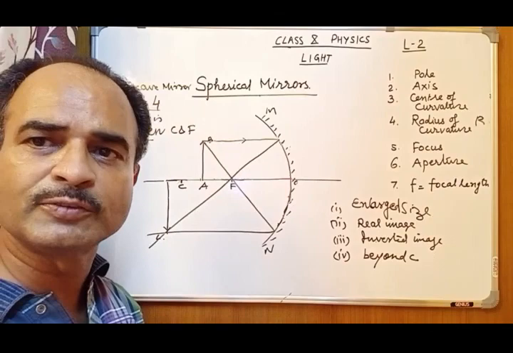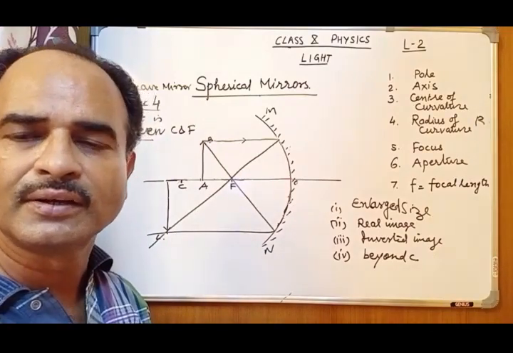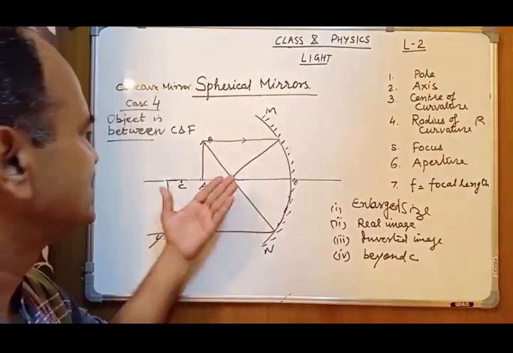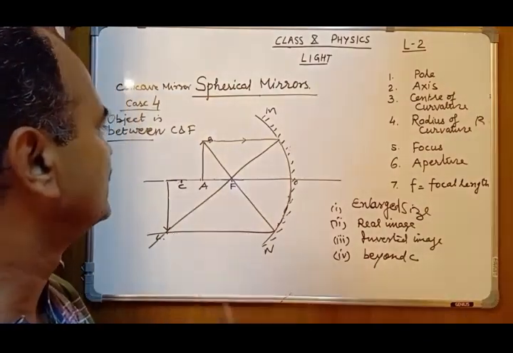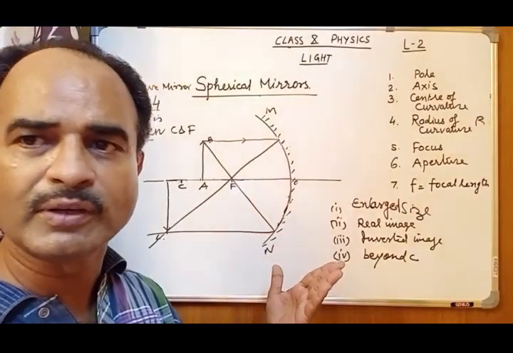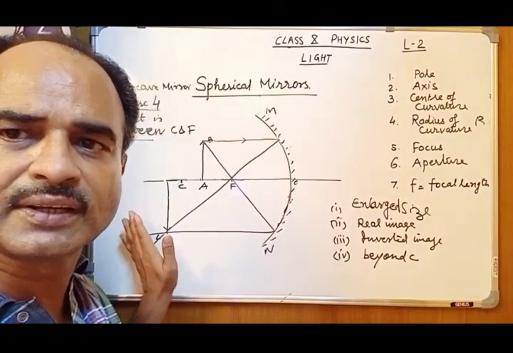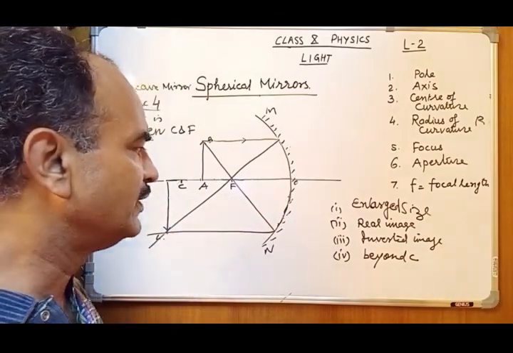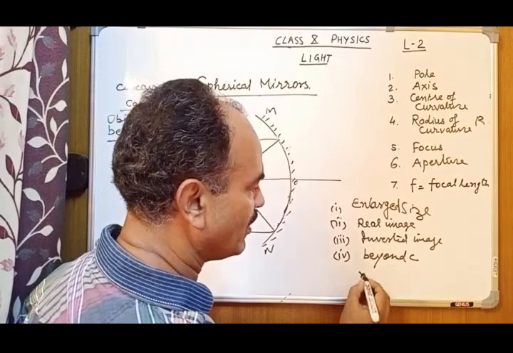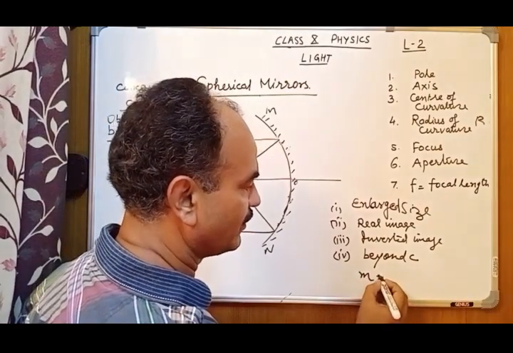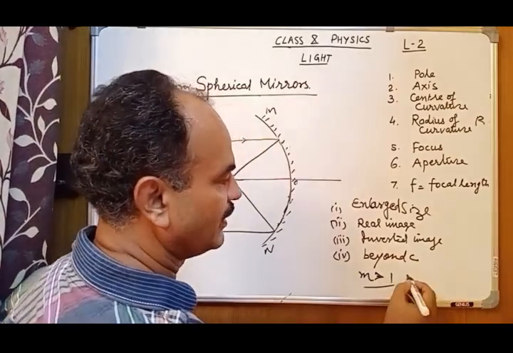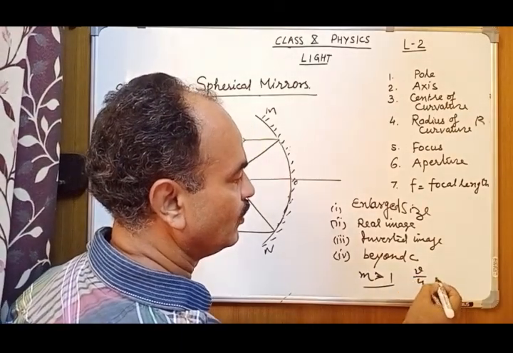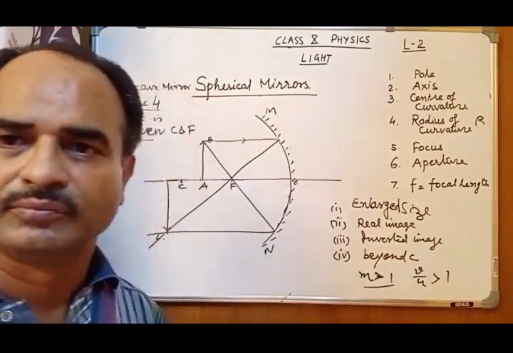You can easily prove from this triangle, by the similarity of the triangles, that this will be an enlarged image. In this case, M will be greater than 1, that is V upon U will be greater than 1.